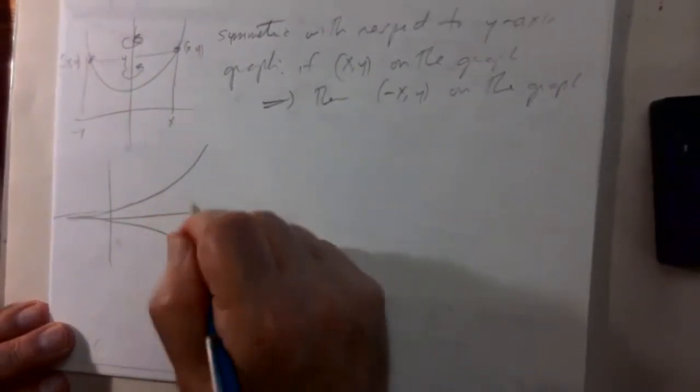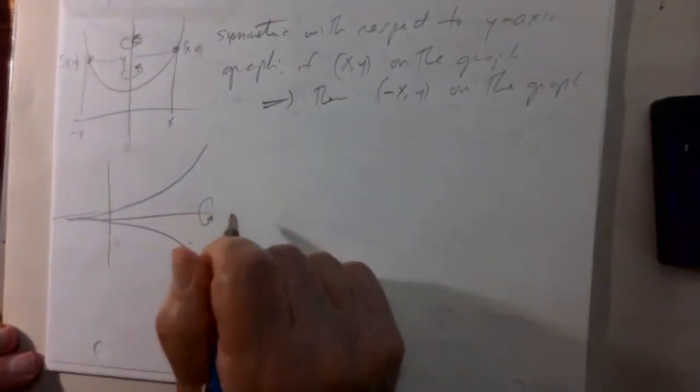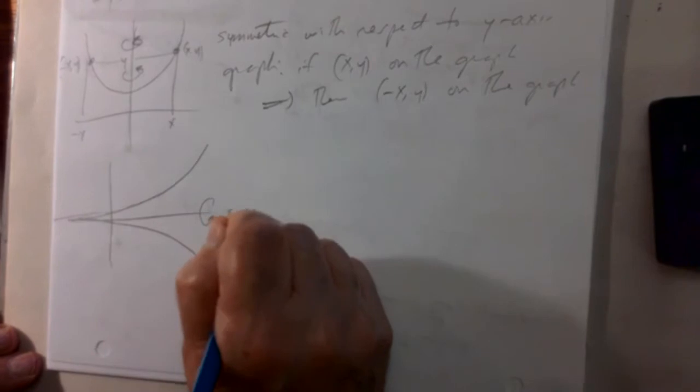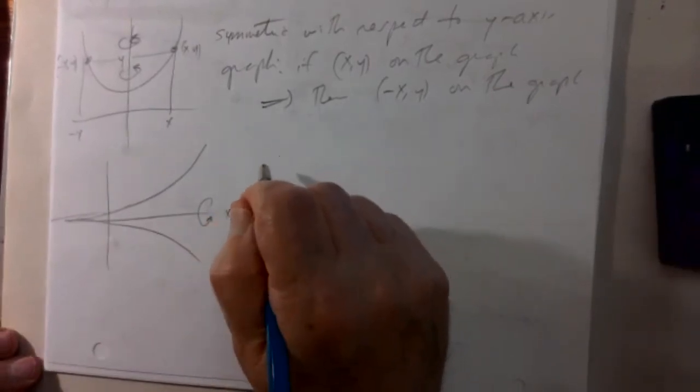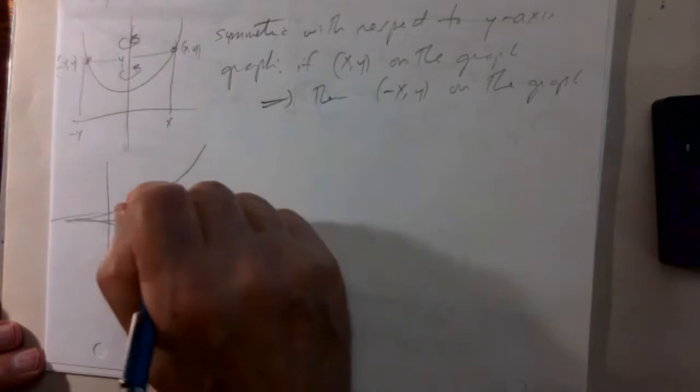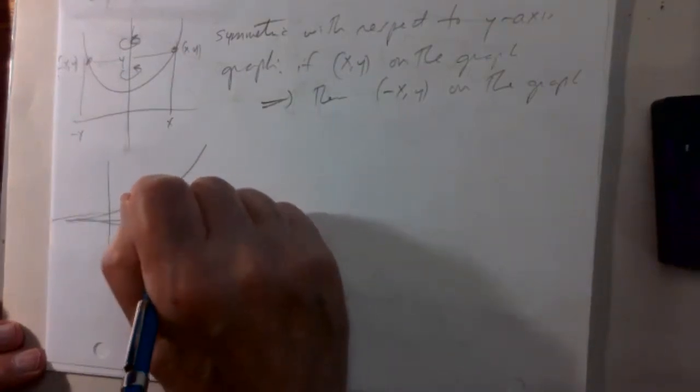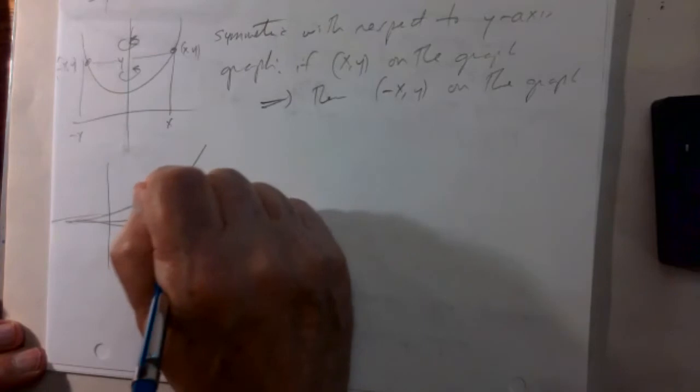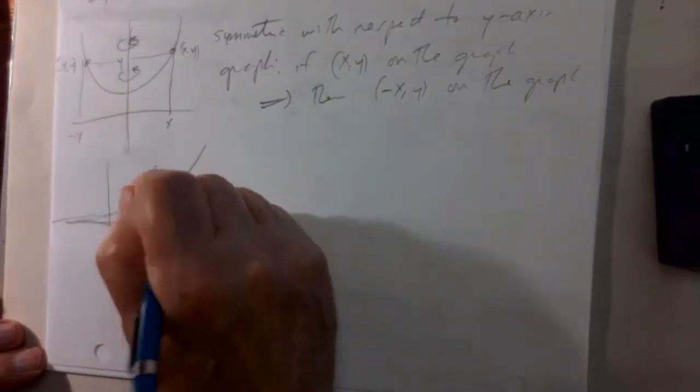You can also have a graph that looks like this. Now with this graph, if you reflect it around the y-axis, it looks completely different. But if you reflect it around the x-axis, it doesn't change. What does it mean to take a point and reflect it around the x-axis? Well, if this is the point x, y, when you reflect it around the x-axis, it's the same value of x, but the negative value of y: x, minus y.